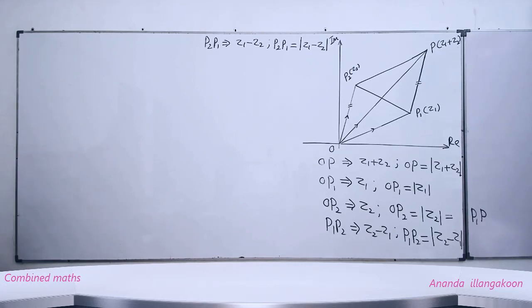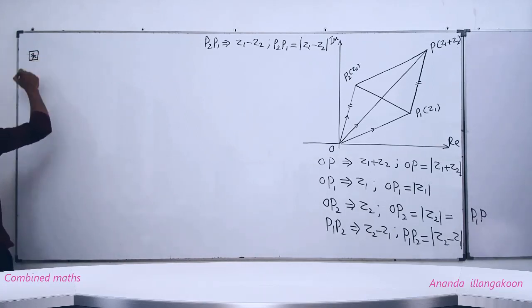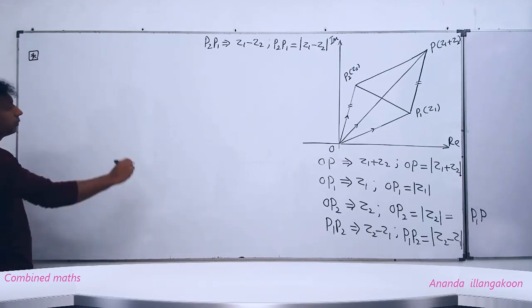Now you can write, put a star mark, and then you can write the first one like this.